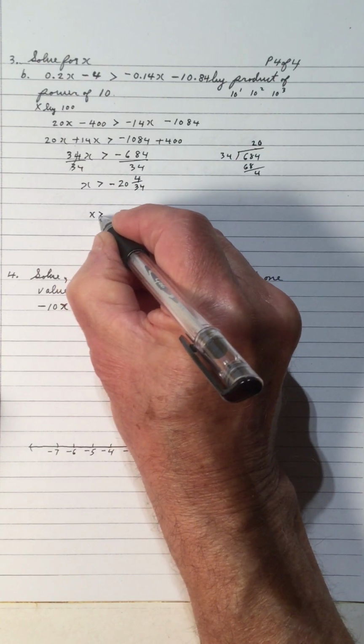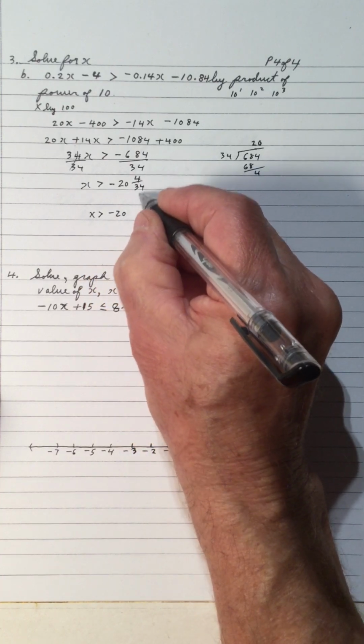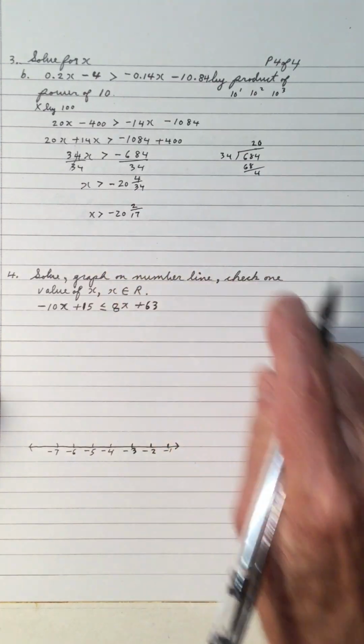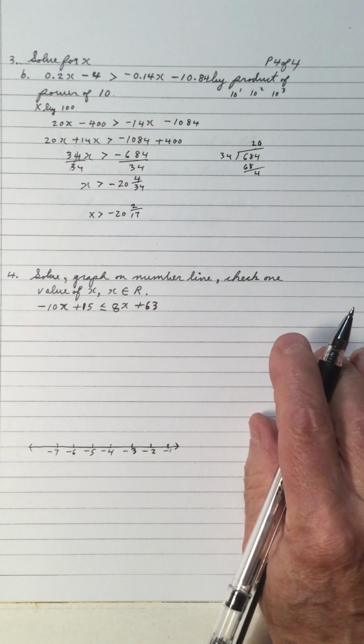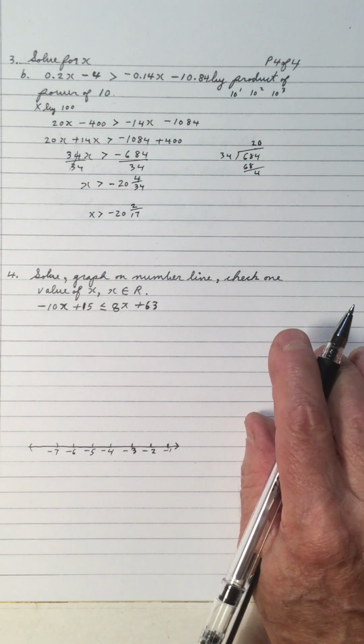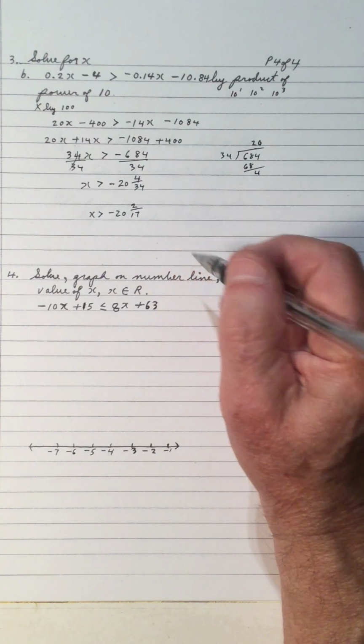So that's negative 20, and 2 is a common factor, so 2 and the 4 goes 2, 17. So x is greater than negative 20 and 2 over 17. Okay, so sometimes they don't have to work it to be integers, you can work it to be fractions.